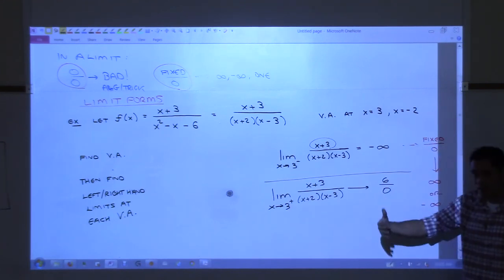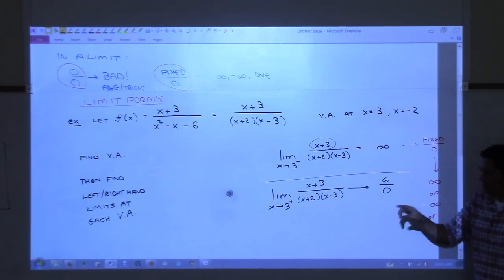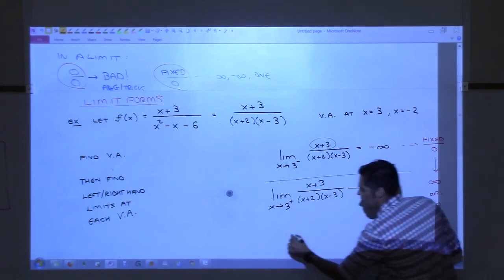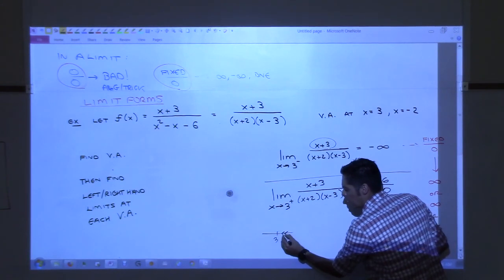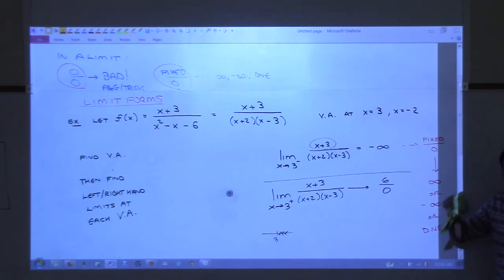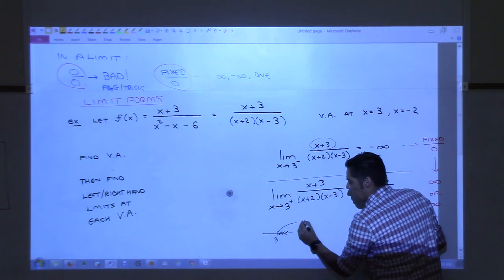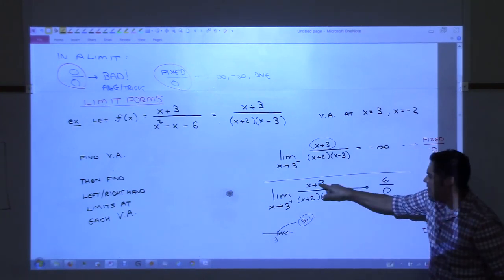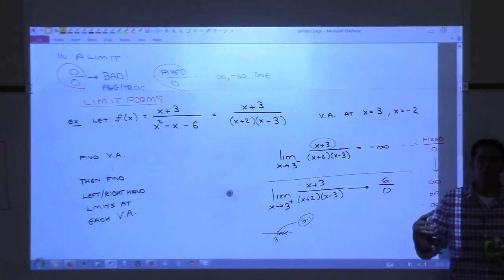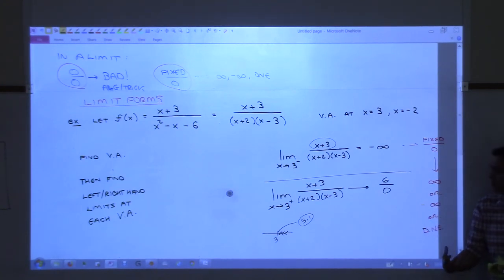So the way that I like to do this is I like to draw a little number line. I like to mark down 3. I like to imagine coming in from the right. And then I want to pick a number that would be to the right of 3. So 3.1, good enough. I'm going to plug 3.1 in here, here, and here, and see only what's happening with the signs.